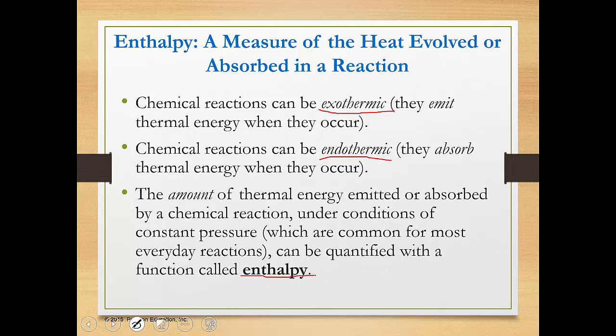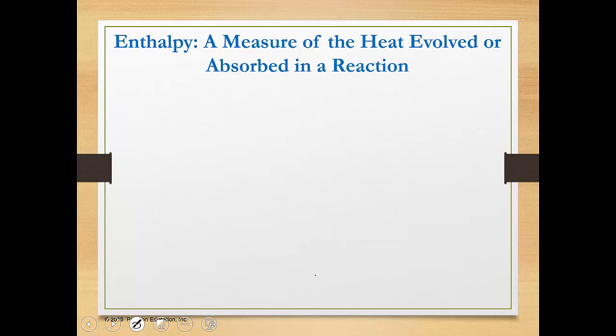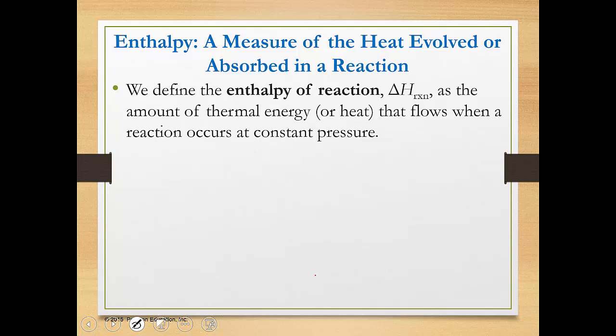So what we're doing is putting a numerical value on the degree of exothermicity or endothermicity. We define this as the enthalpy of reaction. This is abbreviated as delta H subscript RXN for reaction. This is the amount of thermal energy or heat that is flowing either in or out of the reaction when a reaction occurs at constant pressure.